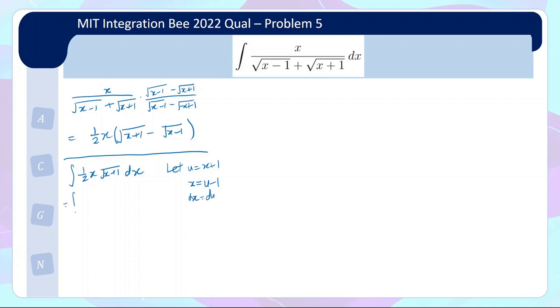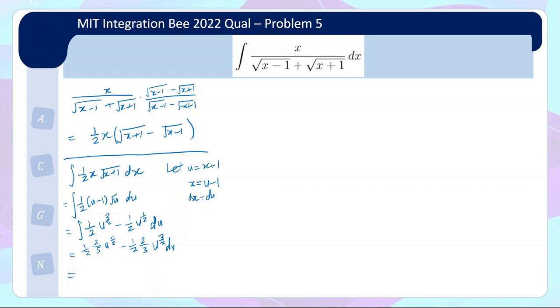So we have this thing is the integral of half (u minus 1) square root u du. So as a specific illustration of what I wanted to say earlier, it is now half u to the 3 over 2 minus half u to the half du, which is really easy to integrate. It's just power. So half times 2/5 u to the 5 over 2 minus half times 2/3 u to the 3 over 2.